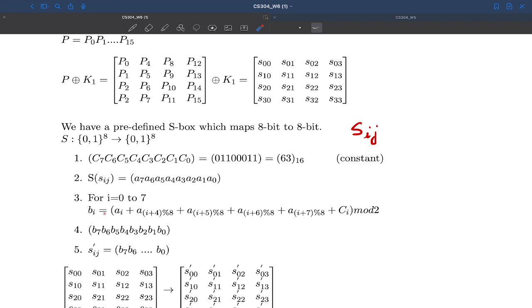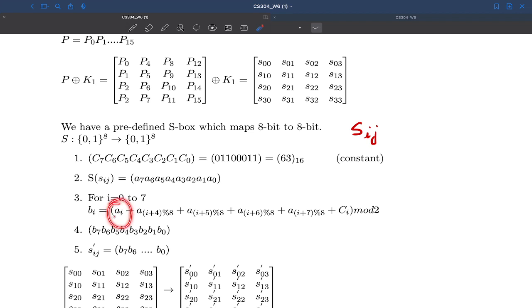If I want to transform the bit at the ith index, the transformed bit will be bi, and the bit which I am transforming is ai, the bit at the ith index in the output we got from the SBox.